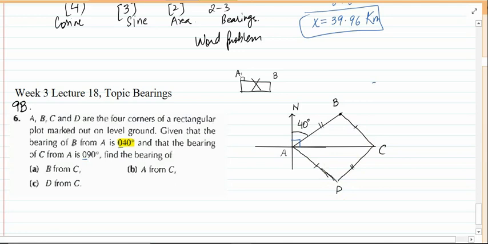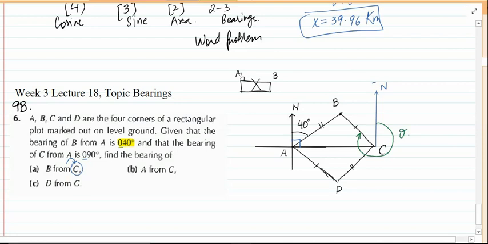First part, you need to find the bearing of B from C. First step, the word after the letter from is C. Right now we don't have the north of C, so we need to first plot the north of C. And to that north, with the line where B and C connect, we make an angle, and that angle is basically the bearing we are looking to find.